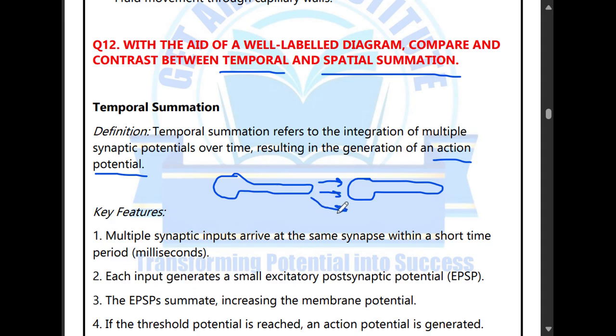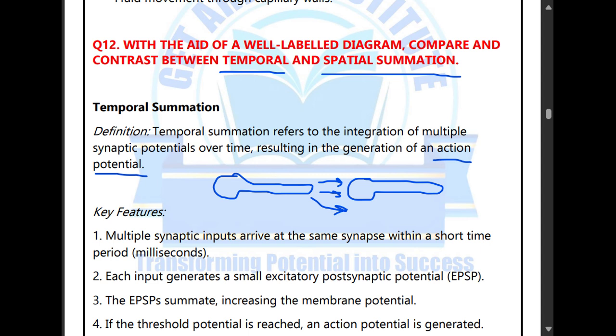Don't mind my drawing. This one is known as the presynaptic neuron. So this one presynaptic neuron will repeatedly stimulate one postsynaptic neuron in order for us to hit the threshold.